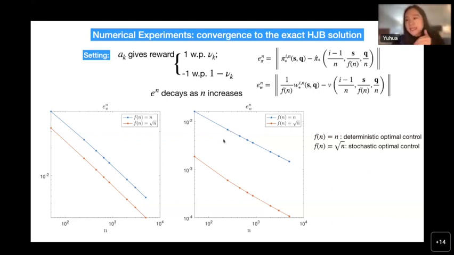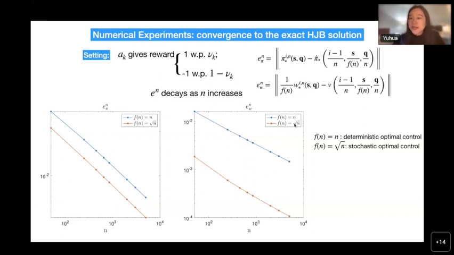Although the decay rate is similar, if we use a bigger rescaling factor n, which means you actually miss more data, you end up with a deterministic optimal control problem, and then you will have a bigger error.